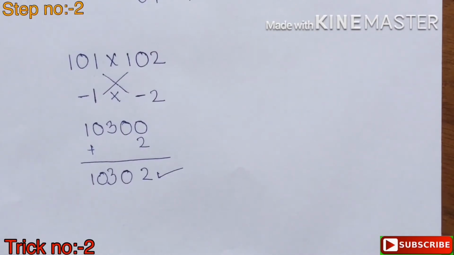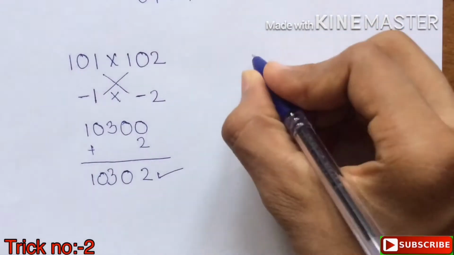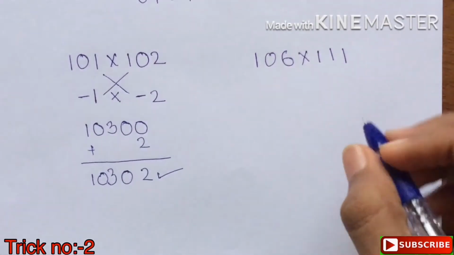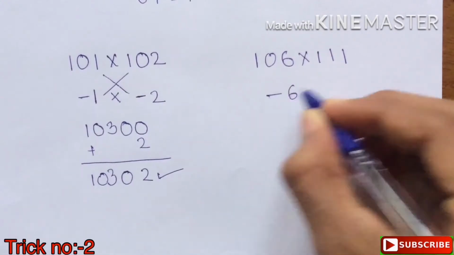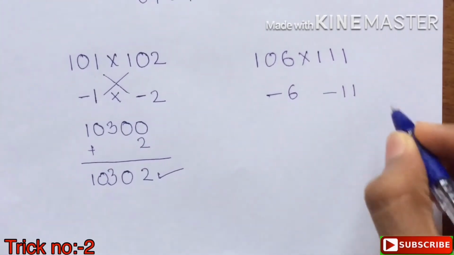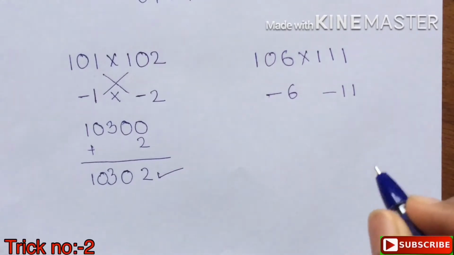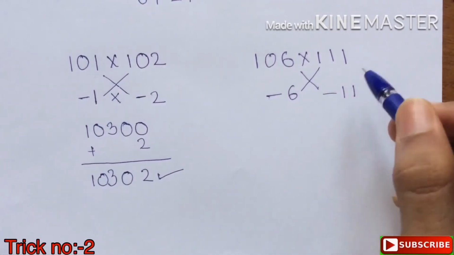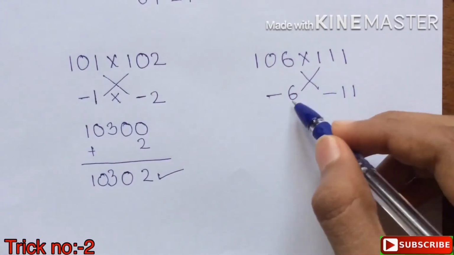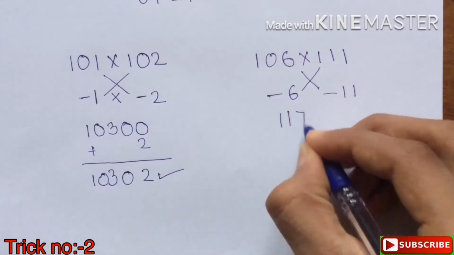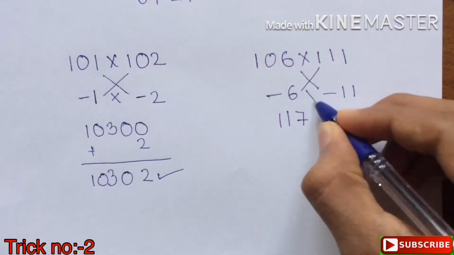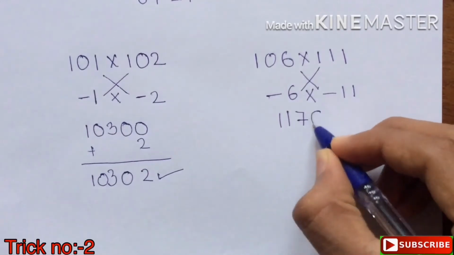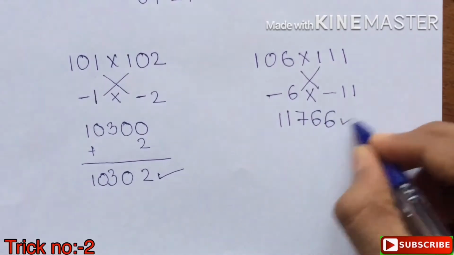And here we can take our second example in trick number 2 as 106 multiplied by 111. And here if we do minus 6 we get 100 and minus 11 we get 100. And then we have to do cross addition. 106 plus 11 is 117 and 111 plus 6 is also 117. And right here 117 and minus 6 multiplied by minus 11 is 66. Then keep here 66. Yes, it is our answer.